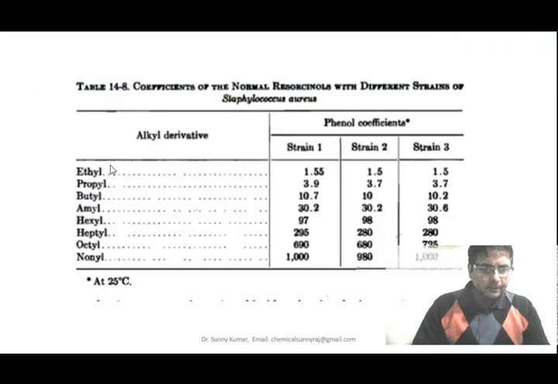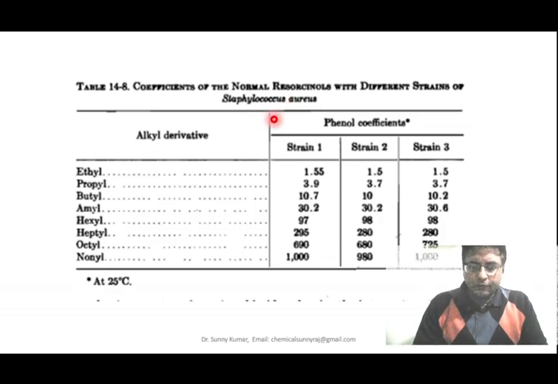So this is your table 14.8, which shows the phenol coefficients of the normal resorcinols with different strains of Staphylococcus aureus. These are the different alkyl derivatives: ethyl, propyl, butyl, amyl, hexyl, heptyl, octyl, and nonyl. And these are the phenol coefficients on strain 1, strain 2, and strain 3. Ethyl is 1.5, 1.5 and 1.5.